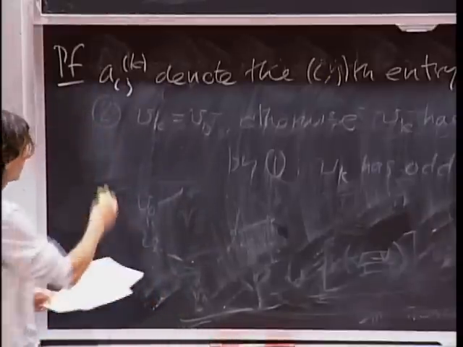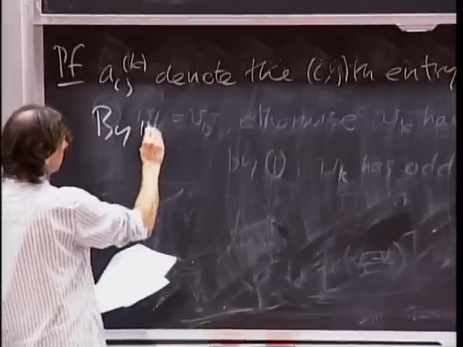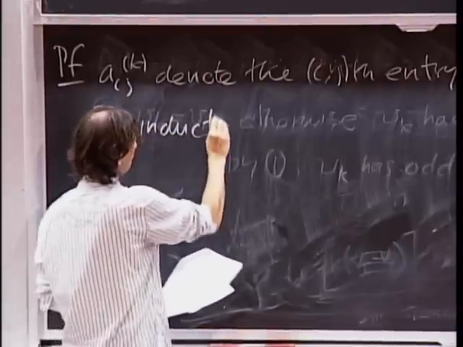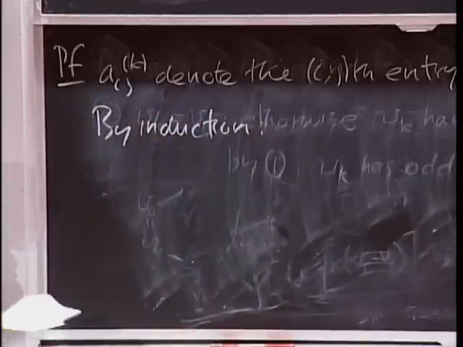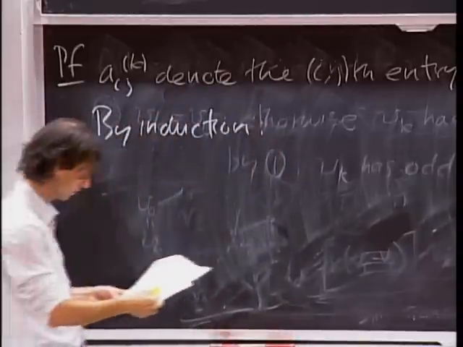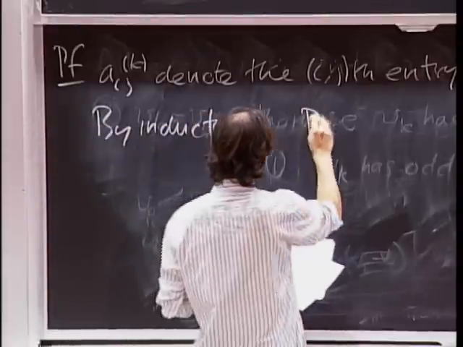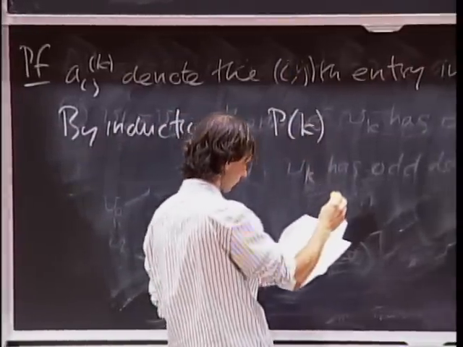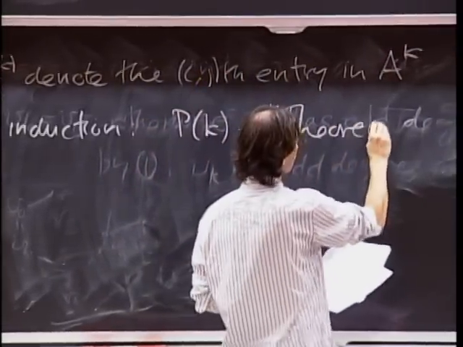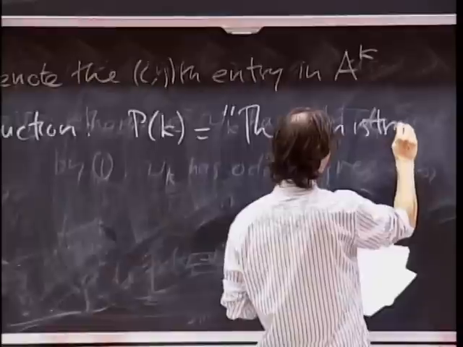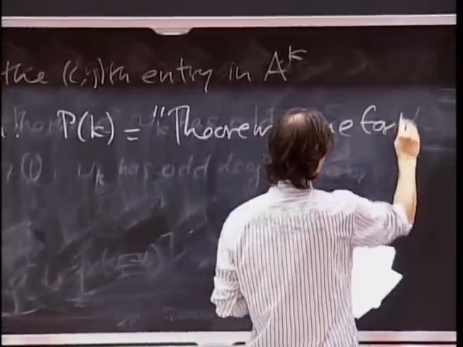If you're going to use induction, it makes sense to assume that the theorem is true for k. So the induction hypothesis could be something like this: the theorem is true for k.